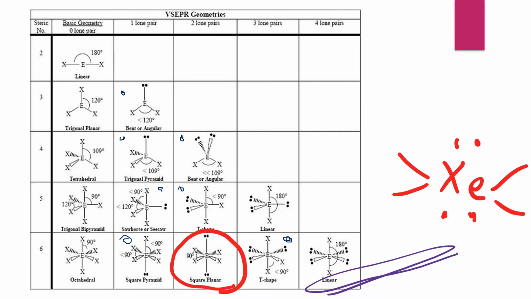And you notice the ones that are always polar, they have an unshared pair of electrons that is not balanced out across the central atom. Like look at the top one, that bent angular one. You have a pair of electrons, and on the other side you have bonded atoms. That is not balanced, so that's polar.